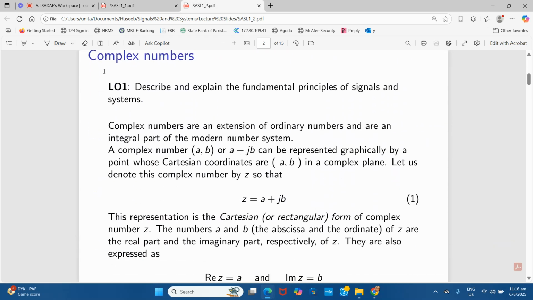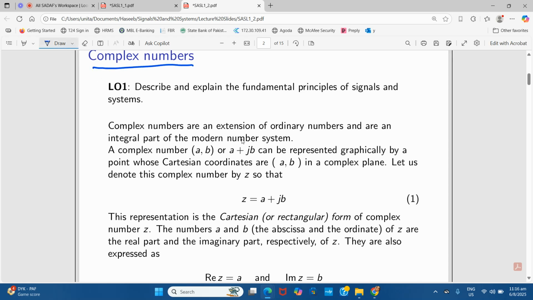Now, as a background, first of all, you should know about the complex number. A complex number is basically an extension of the ordinary number. Remember this, and it is an integral part of the modern number system. If we want to denote a complex number by z, we write z equal to a plus jb.